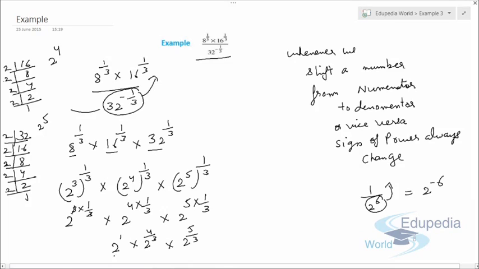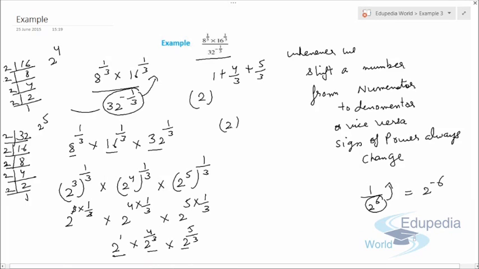Again we can apply a law. Why? We have the same base, so we can add the powers. So we can write like this: 2 raised to power 1 plus 4 by 3 plus 5 by 3.